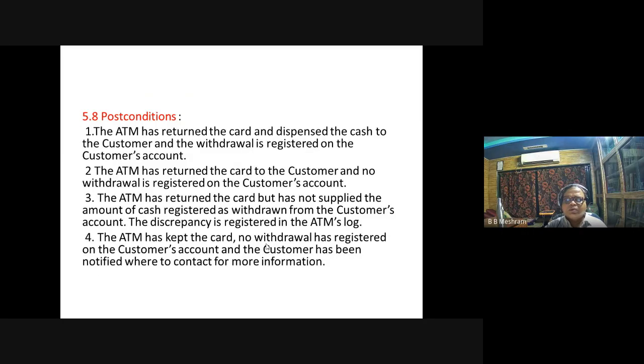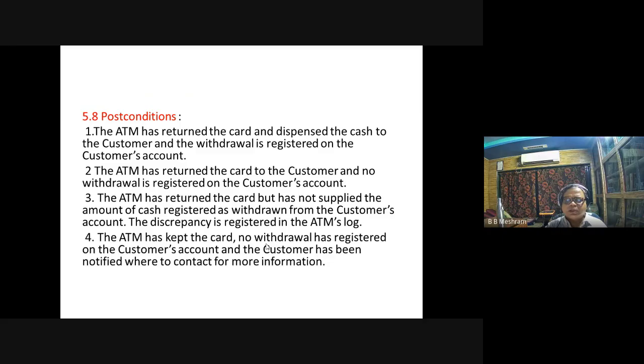Now, the post condition in this scenario is the ATM has returned the card and dispensed the cash to the customer, and the withdrawal is registered on the customer's account. Second post condition is the ATM has returned the card to the customer and no withdrawal is registered on the customer's account.